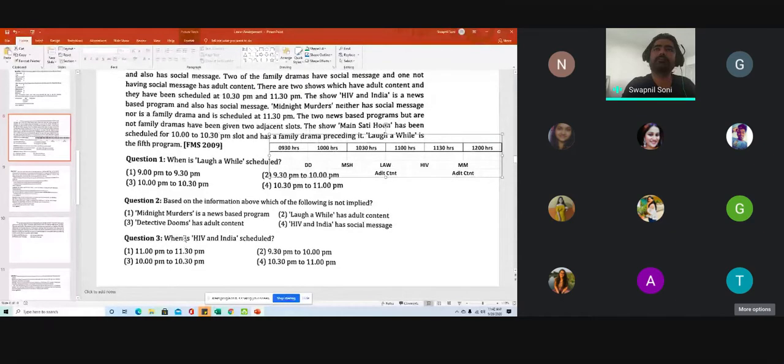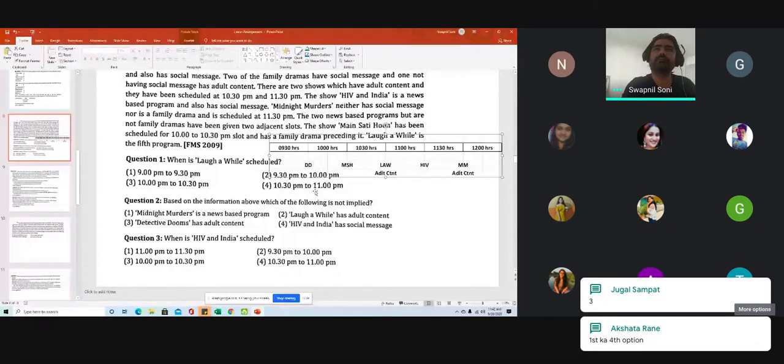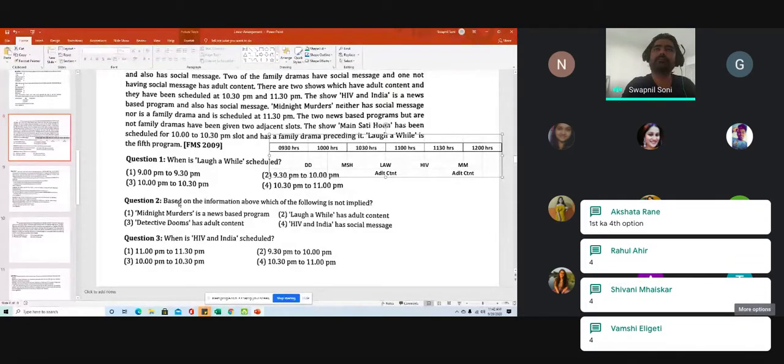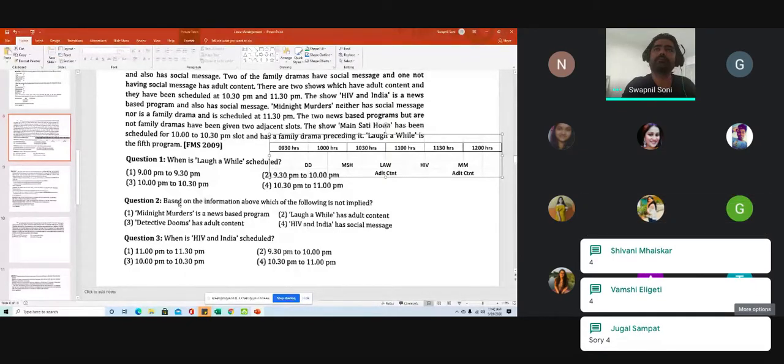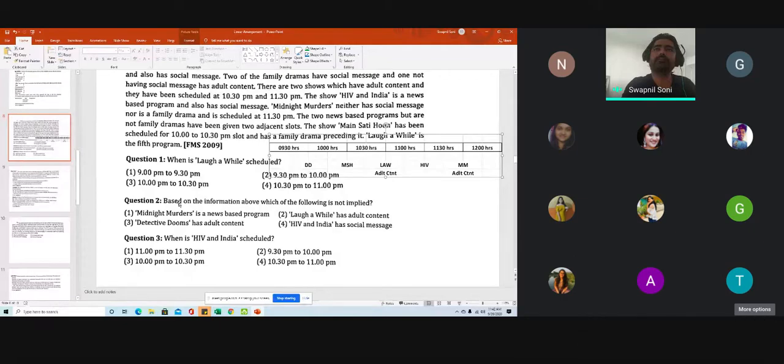When is Laugh a While scheduled? Laugh a While, 10:30 to 11. Based on the information above, which of the following is not implied? Midnight Murders is a news-based program, which is implied.